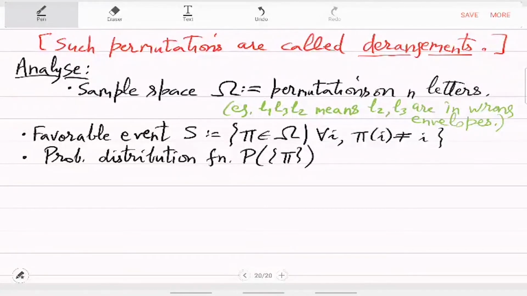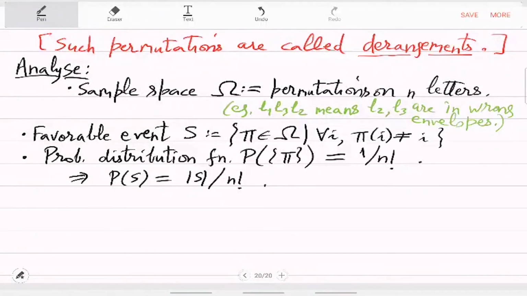Since every permutation is equally possible and you have this axiom that the sum of the probabilities should be 1, you immediately get 1 over n factorial, right? Which means that the probability of the favorable event that we are interested in is the size of S divided by n factorial. This again follows from the definition, the axiom of probability, right.